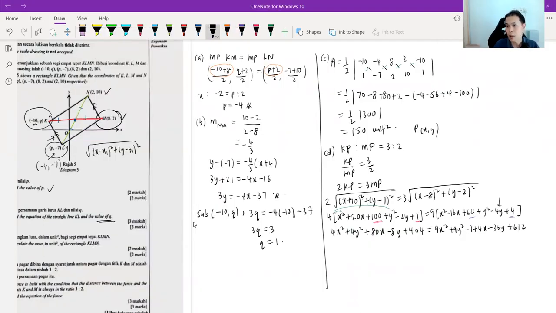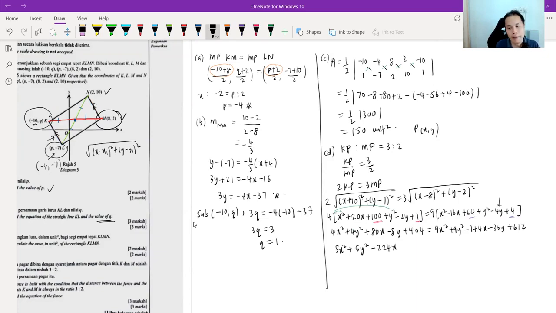All right, so let's bring everything to the right-hand side because the 9 is bigger than 4. So 9 minus 4 gives us 5. I rewrite the x squared first. And then 9 minus 4 again, another 5y squared. Negative 144 minus 80 is negative 224.